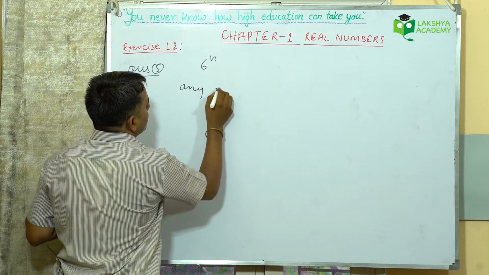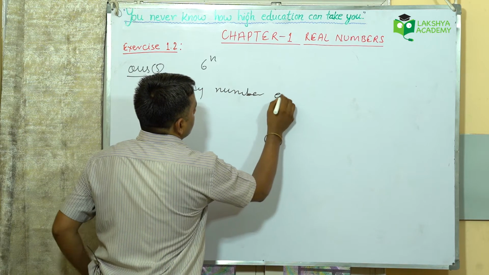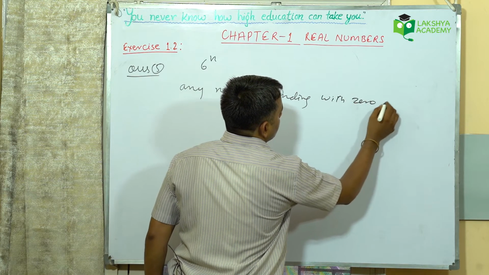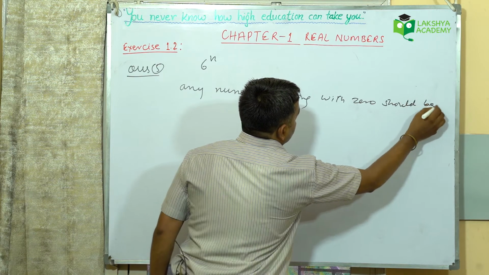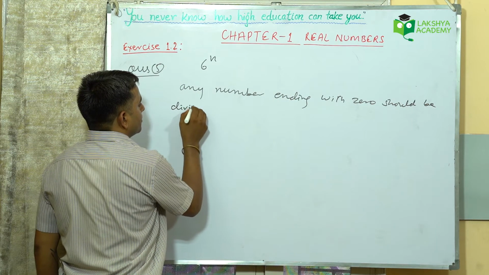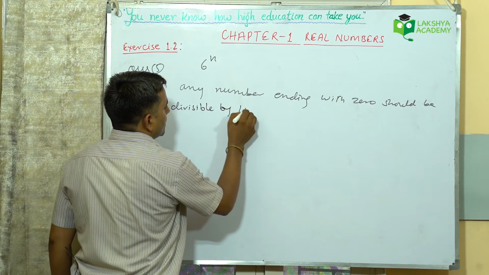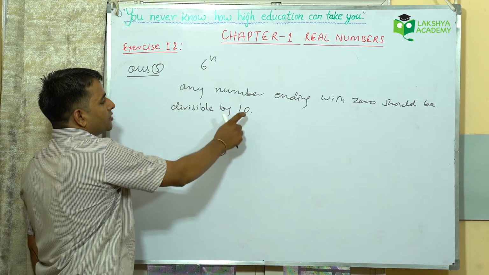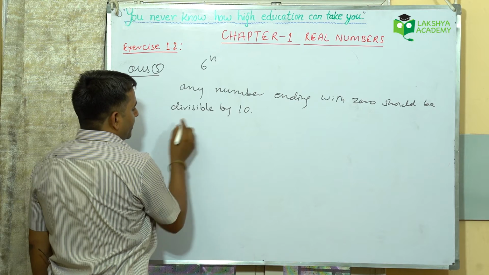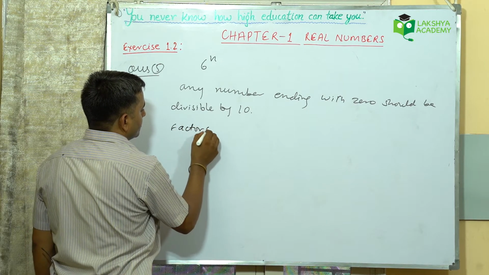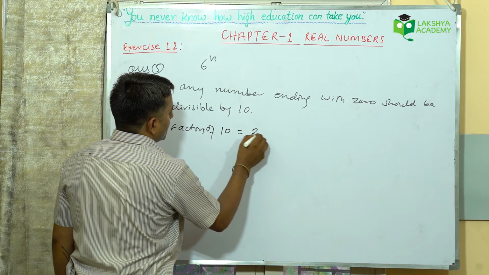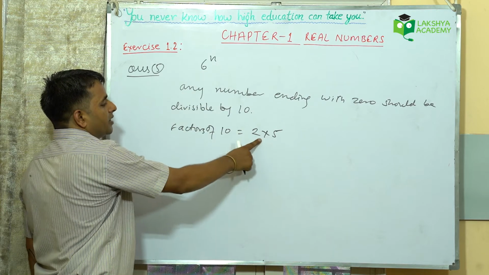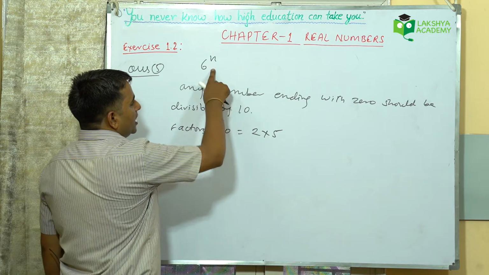So to end with 0, the number should be divisible by 10. Factors of 10 are 2 and 5. So this number should have the factors 2 and 5 only then will it end with 0.